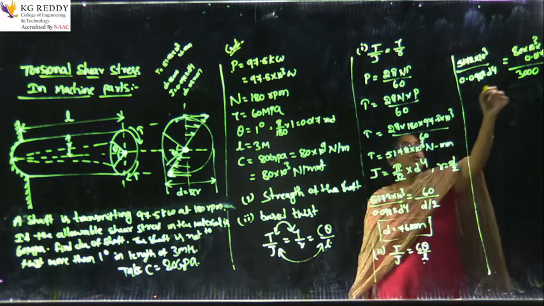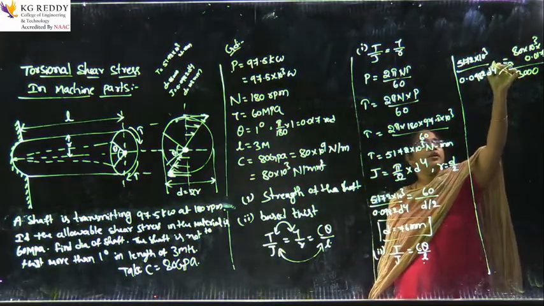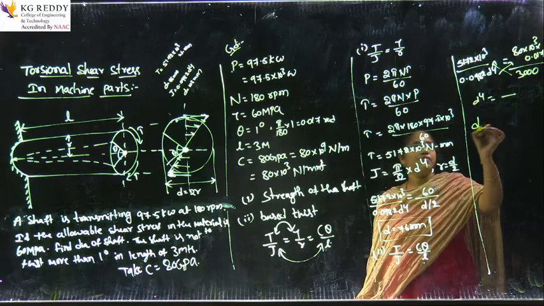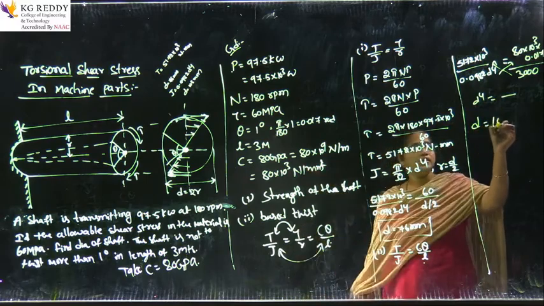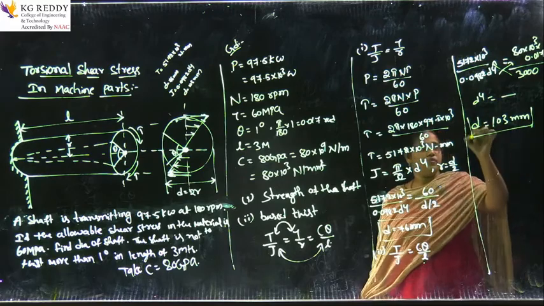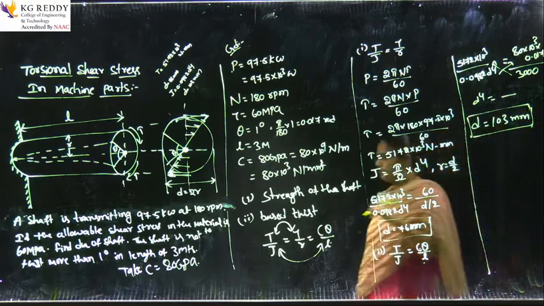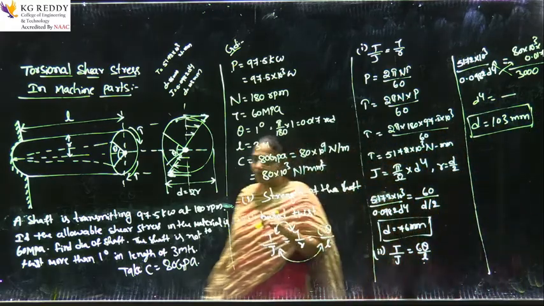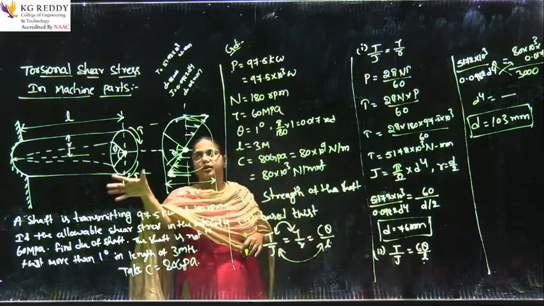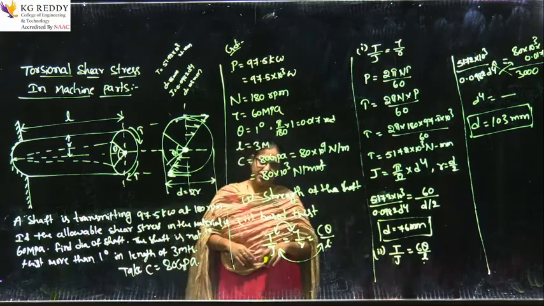So from these two equations, when we cross multiply, in terms of d power 4 we will get some answer. Therefore d, after solving this, is 103 mm. So this is the method to identify the diameter of the shaft based on the given parameters under the torsional shear stress equation.